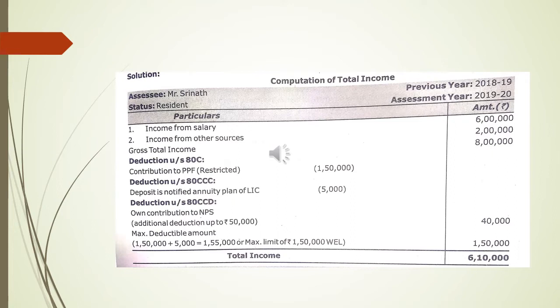So obviously 1,50,000 is less, plus 40,000, 1,90,000 you can claim as deduction out of 8 lakhs. So your total taxable income becomes 6,10,000. So please try to understand. Nowhere in the question it will be given which point comes under which section. It is only by practice what we have learnt. And remember to mention the sections properly.